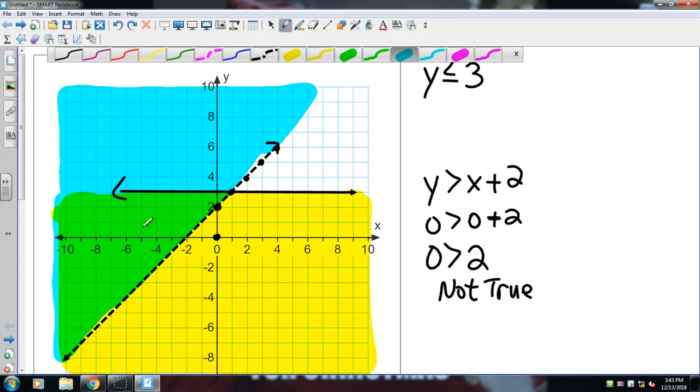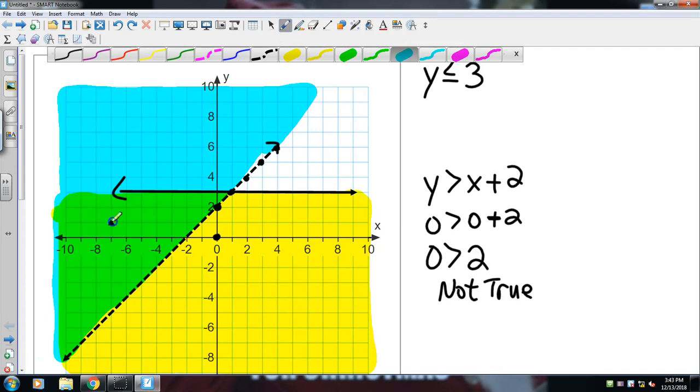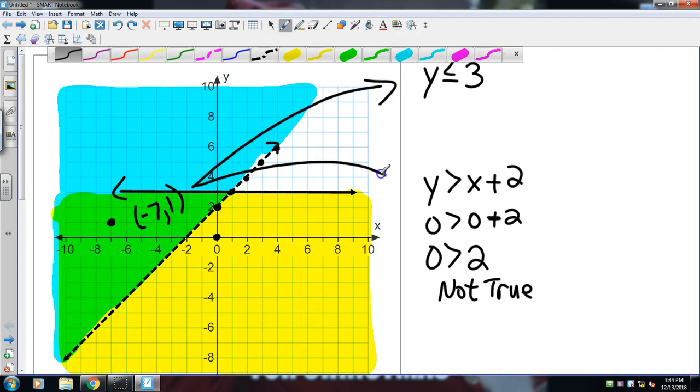So anything inside of that, if I were to pick, let's say, this point right here. Let me get that point. There we go. If I were to pick that coordinate right there, and that's -7, 1. If I put that coordinate into both of those, it should come out to be true.